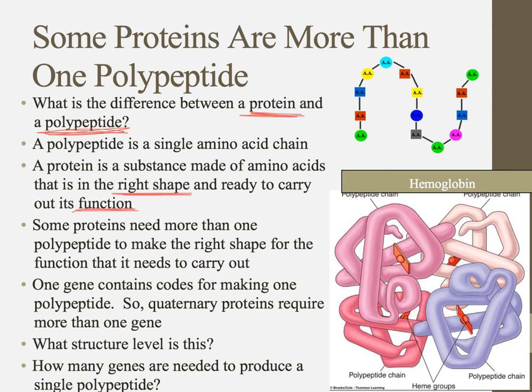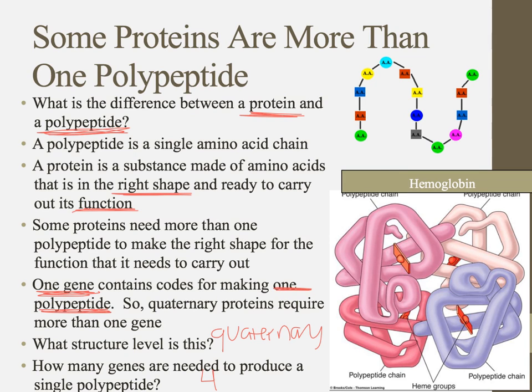And they come from kind of a tricky place, right? So here's a polypeptide chain, and this is part of a molecule called hemoglobin. Hemoglobin is a quaternary protein. It's found in your red blood cells, and it's responsible for carrying oxygen atoms. It has 4 polypeptides. So this has a quaternary structure, okay? And since it has 4 polypeptides, it's going to require 4 different genes. You see, each gene contains codes for making 1 polypeptide.